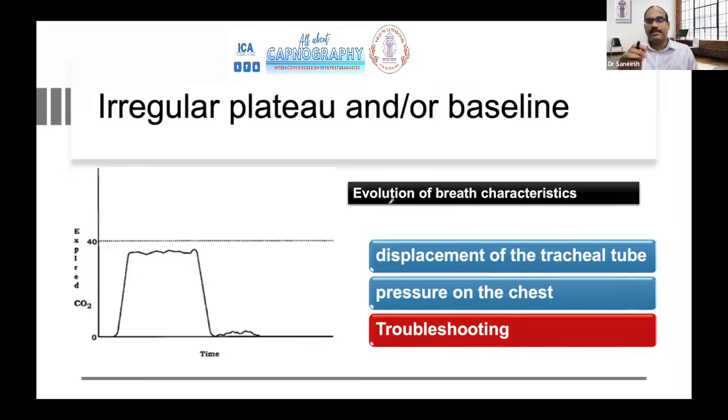If the tube partially comes to the level of glottis or just above the glottis, you may not get a perfect capnograph tracing. So whenever you get wavy plateaus like this, you need to do the troubleshooting.